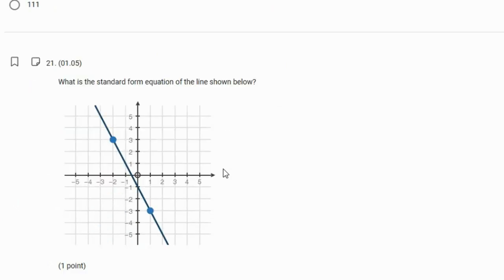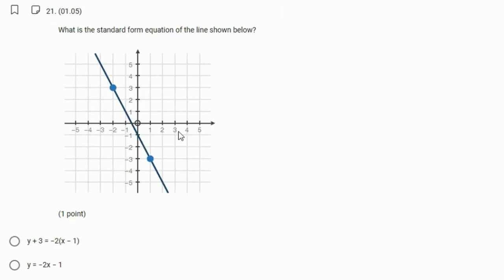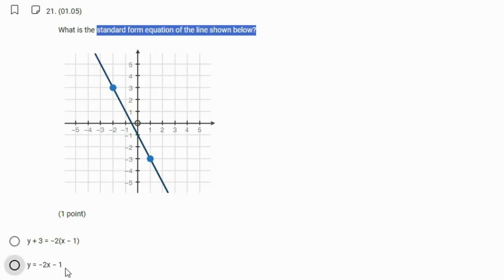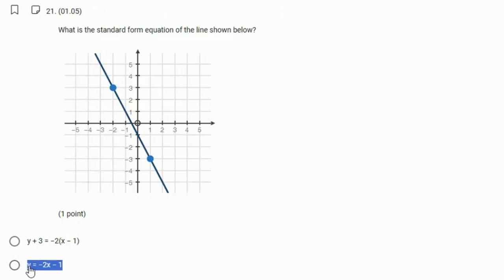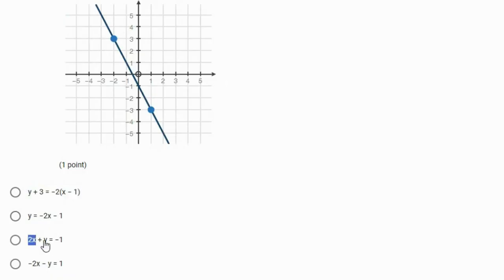What's the standard form equation of this line? Standard form. See, like this is y equals, this is slope intercept form. This is not standard. This is point slope form. These are both standard form, but they're two different equations. You have to figure out which one is correct.